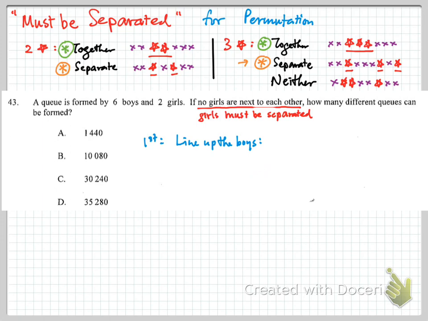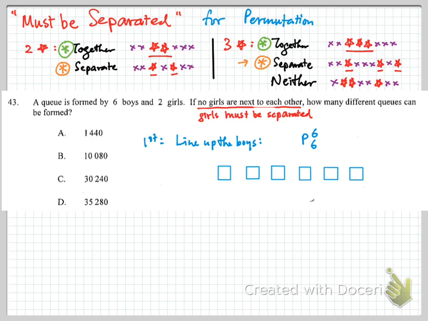I don't know who goes where, but there are 6 boys being lined up in there. So it can be boy 1, 3, 2, 6, 5, 4, or any other permutation. To line up the 6 boys, we have 6P6 ways. Never mind the girls, just look at the boys first. We can do that with 6P6 ways.